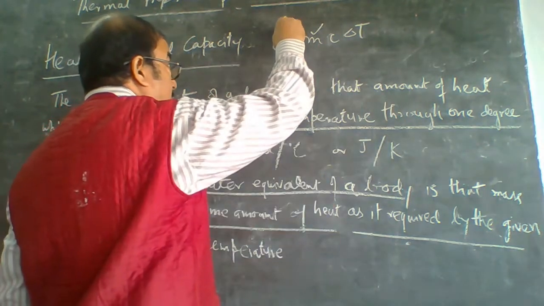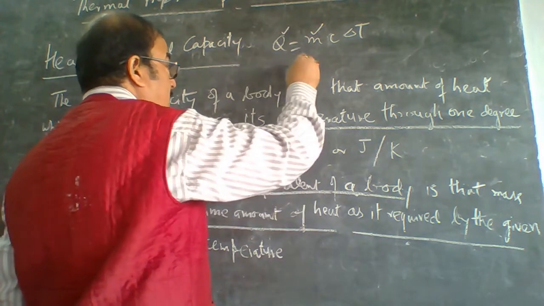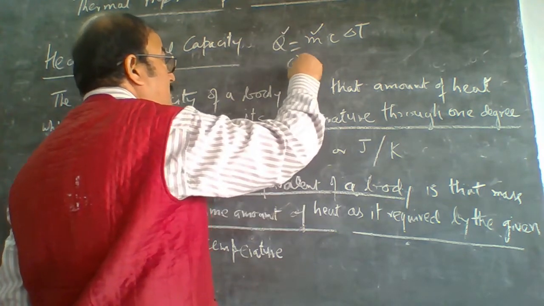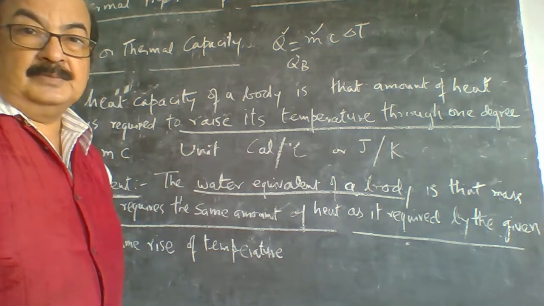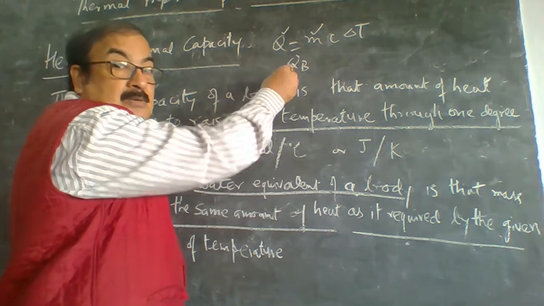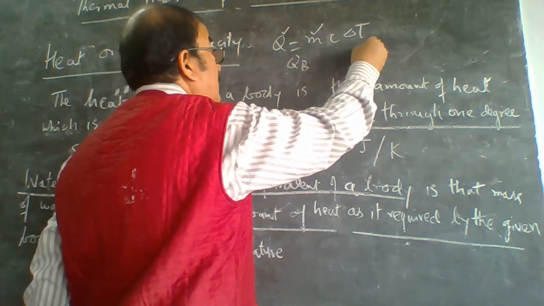अगर ये heat गर्म करने में लगता है, मान लीजिए किसी body B को गर्म करने के लिए आपको heat चाहिए Q_B, you need Q_B, okay, and temperature कितना raise करना होता है?